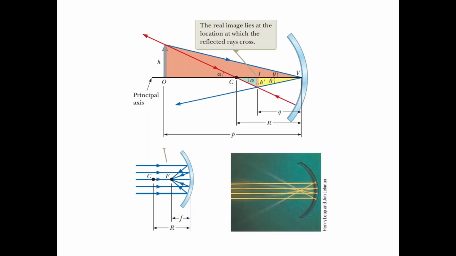If the incident ray goes through the central point of the curvature, then it will just come back through the central point to where it originated. And obviously, if we place our object in the focal point of the mirror, then all rays which hit the mirror will be reflected parallel to the principal axis.